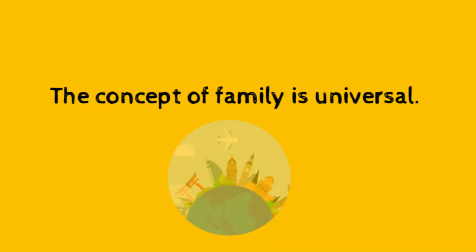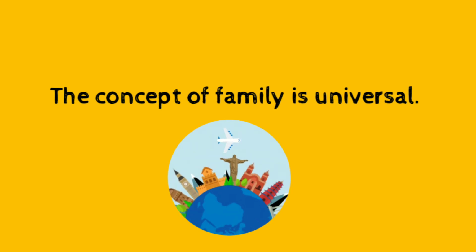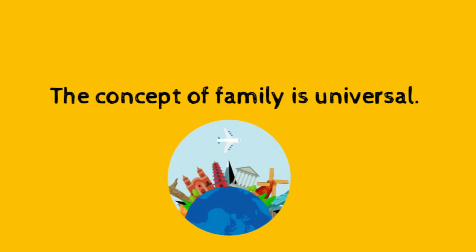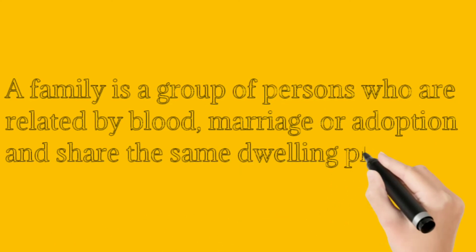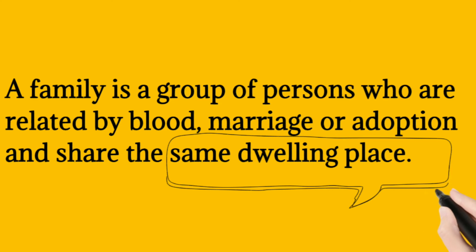But in modern society, you might find that there are one or two modifications to accept or to tolerate new types of families that have emerged over time. However, the definition that I like to work with is: the family is a group of individuals or a group of persons related by blood, marriage, or adoption and share the same dwelling place, right?